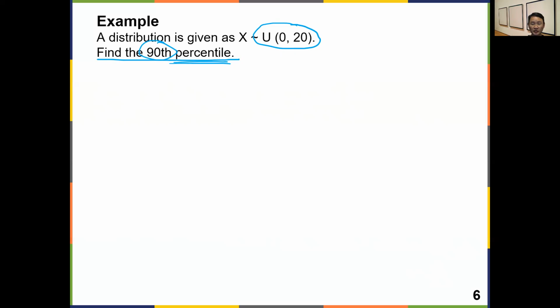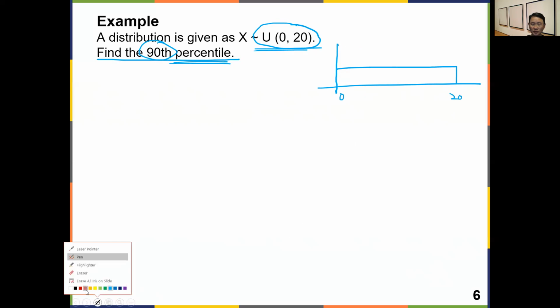That's what percentile means. So if we check out this situation, just by looking at this given distribution, we have this from 0 to 20. Now, what do they want?